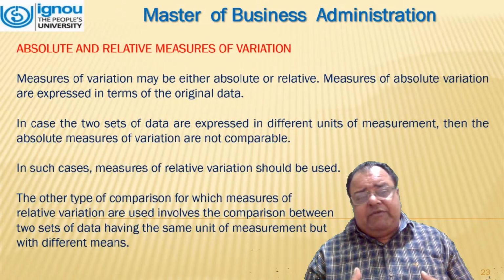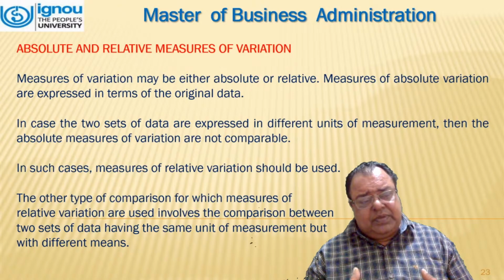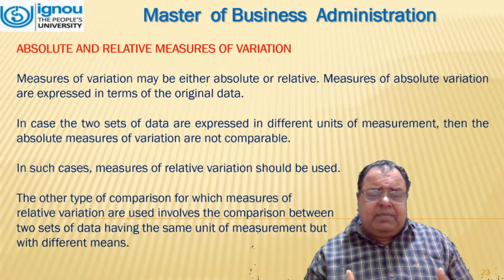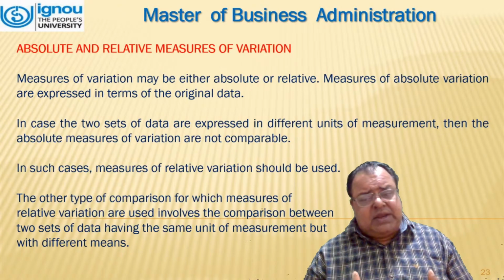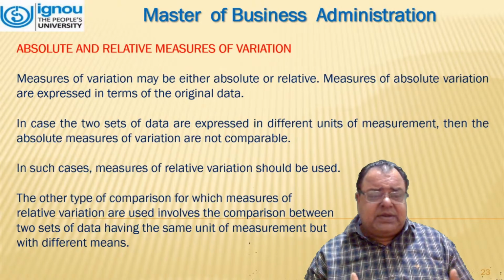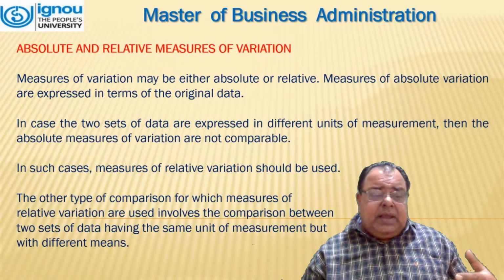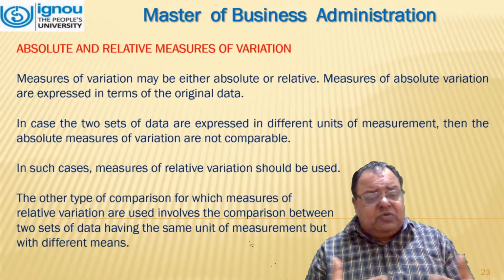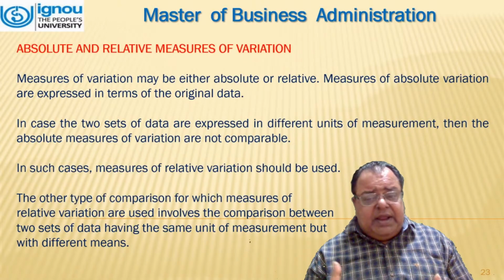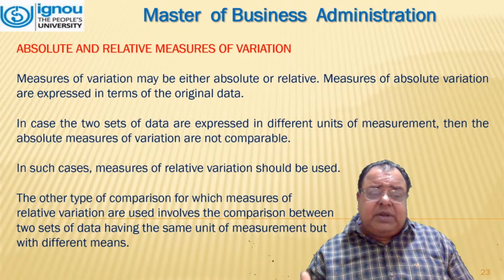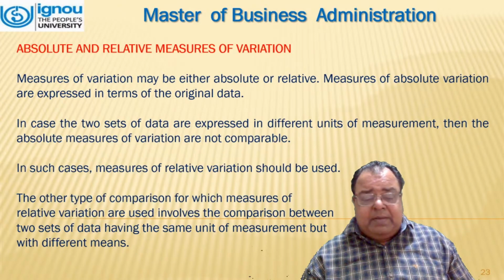Absolute and relative measures of variation. Measures of variation may be either absolute or relative. Measures of absolute variation are expressed in terms of the original data. In case the two sets of data are expressed in different units of measurement, then the absolute measures of variation are not comparable.